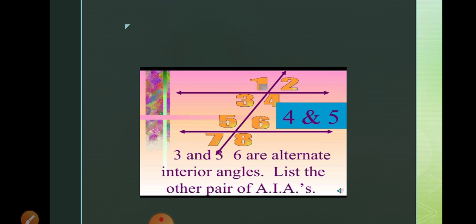So angle 4 and angle 5 are a pair of alternate interior angles. Why interior? Because both angles are between the parallel lines. The same goes for angles 3 and 6. These are the two pairs of alternate interior angles: 3 and 6, and 4 and 5.